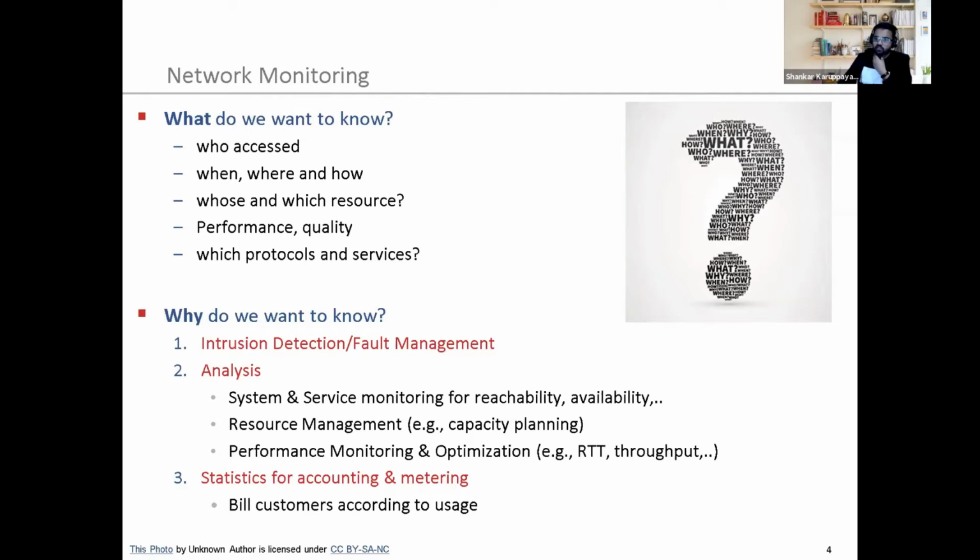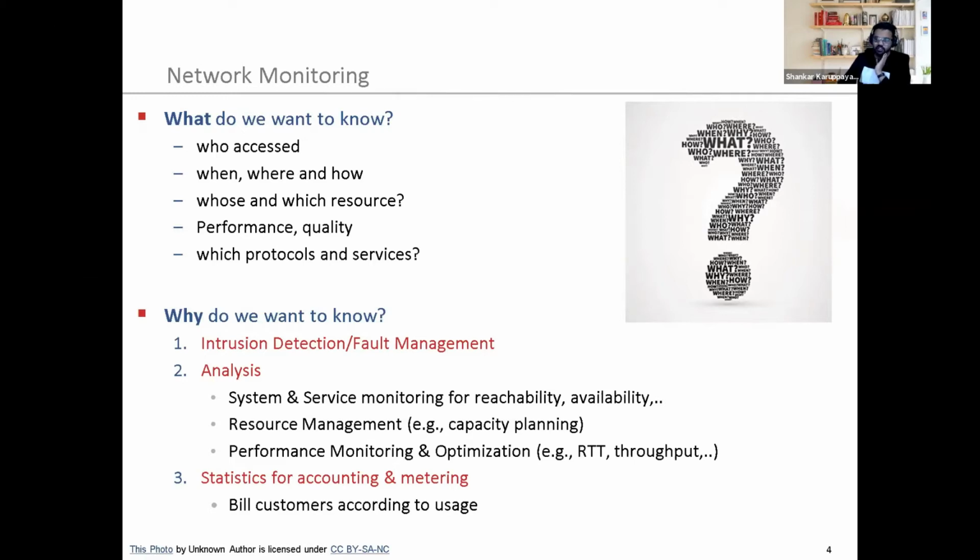And of course, this will also help to perform optimization of your services, as well as to provide statistics for accounting and metering. So if you're an ISP and you decide to provide some kind of metering, let's take a simpler example. Say you have a cloud service provider.